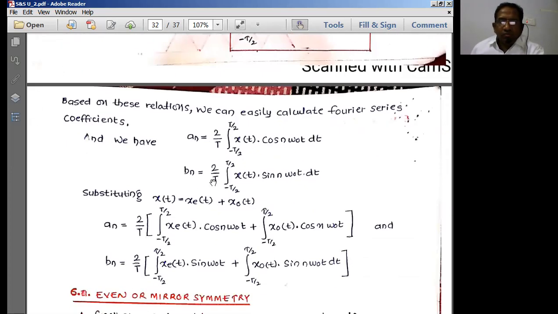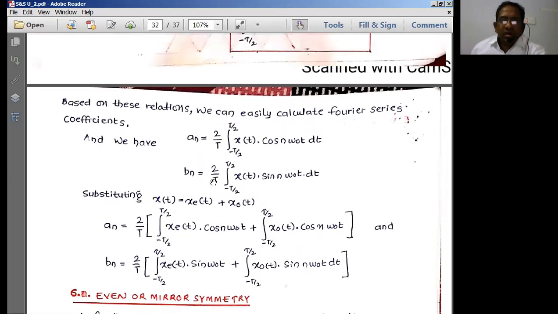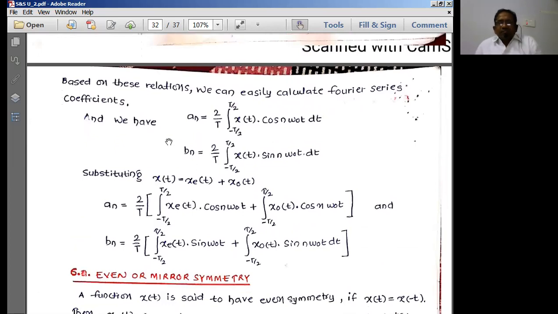Now we have the formulas already for the Fourier series coefficients. a_n is equal to 2 by T integral of, now I will be writing this in terms of the even and odd signals. So a_n is equal to 2 by T, T is a constant, take it outside, integral from minus T by 2 to plus T by 2 of x_e(t) cos n omega naught t plus x_o(t) cos n omega naught t dt.